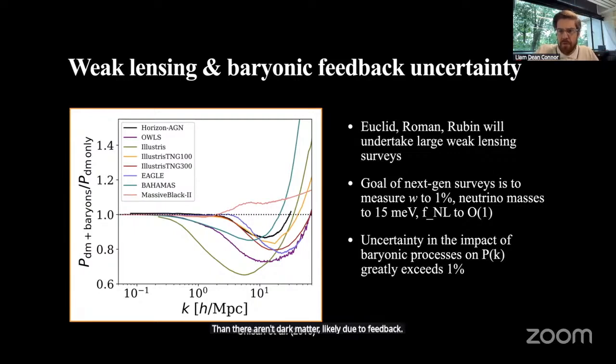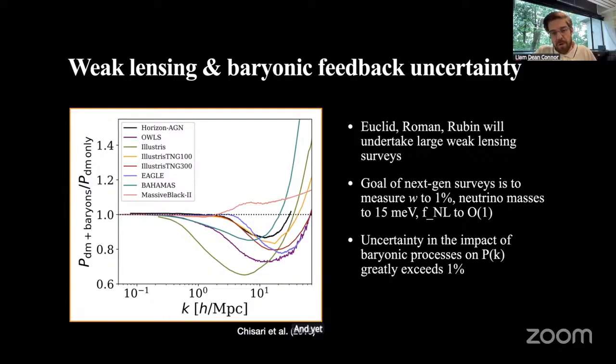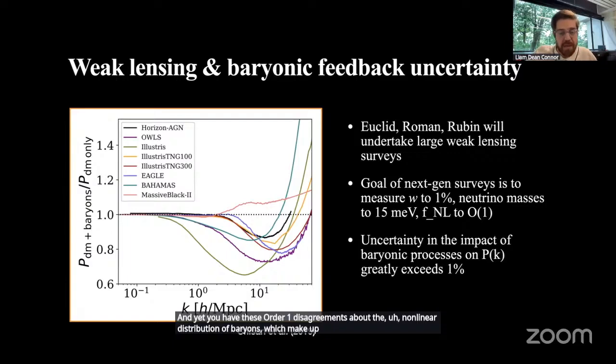And this is really important for these very expensive, very powerful upcoming weak lensing surveys. These are billion-dollar, billion-euro experiments where you want to measure cosmological parameters to a percent, and yet you have these order one disagreements about the nonlinear distribution of baryons, which make up 16% of the matter in the universe.